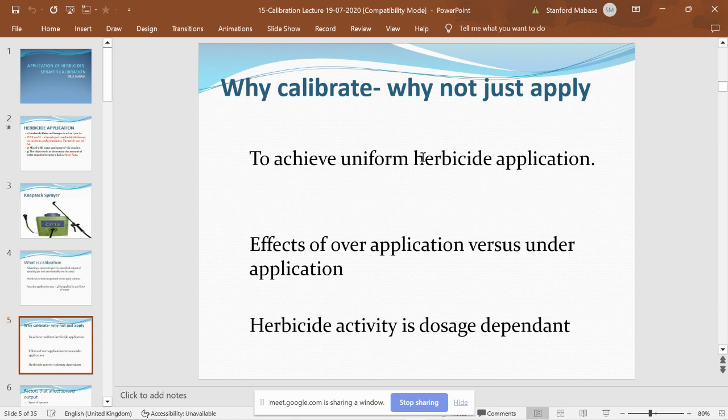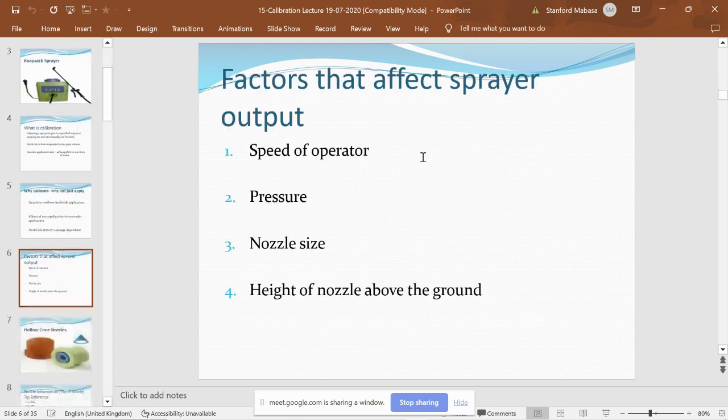Herbicide activity is dosage dependent, so there's a need to calibrate. Factors that affect sprayer output are speed of the operator, pressure, that is from the pump, nozzle size, and height of the nozzle above the ground.